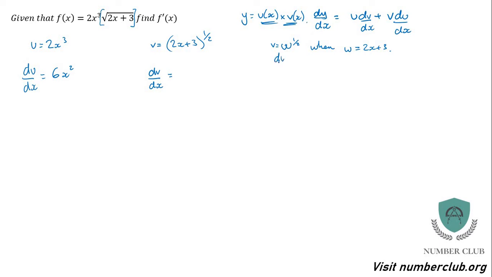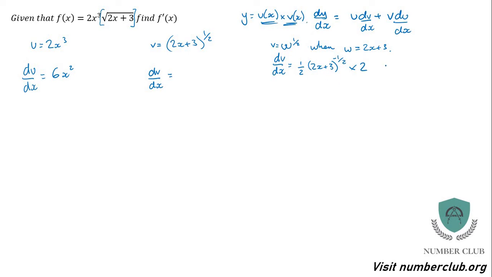And so dv by dx will equal a half of w, which is 2x plus 3 raised to the power of negative a half, multiplied by 2. Okay, so diff the outside, diff the inside.